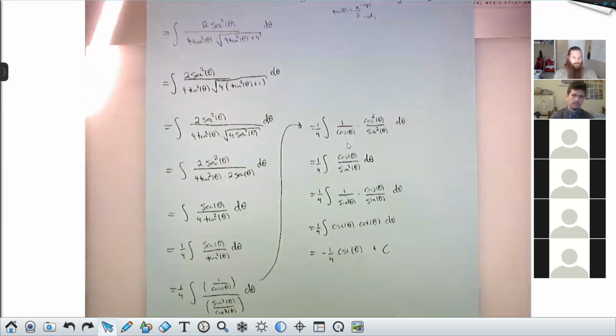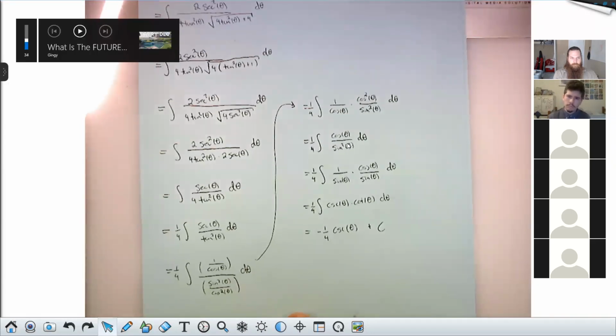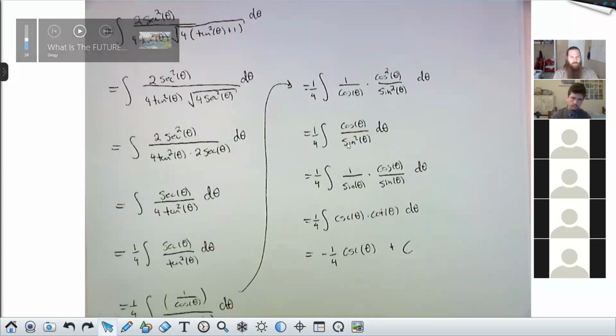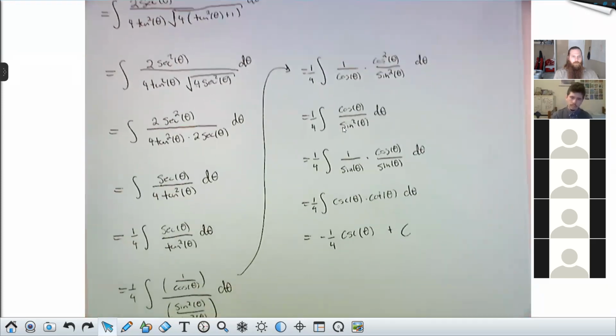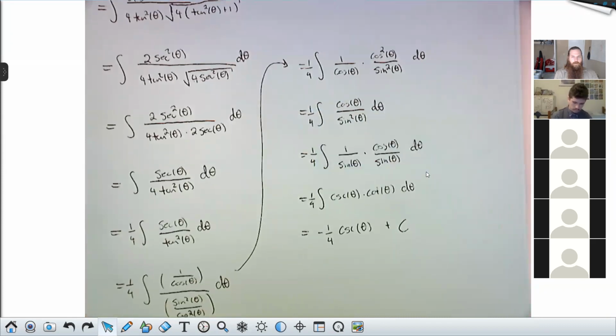Professor, can you explain the last part, please? Yeah, so from here to here, I'm just splitting up the fractions, right? I've got sine times sine downstairs and cos times 1 upstairs. So I write that as 1 over sine times cos over sine.